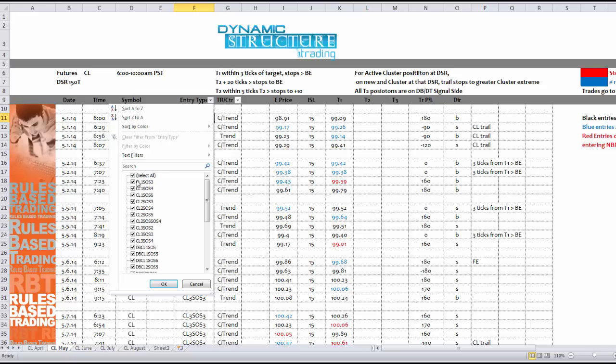And then if I turn all of these off, it'll just show what went on with double tops, double bottoms. So right there, you'll see DB, DT. So these are all double bottoms or double tops in crude oil, and then varying SOS types of signals.